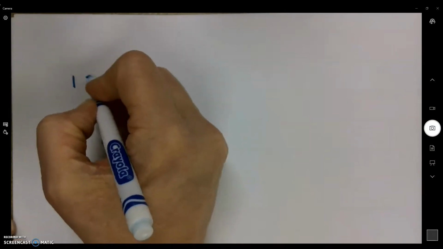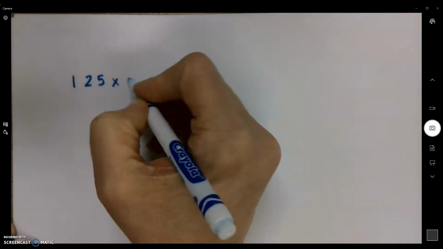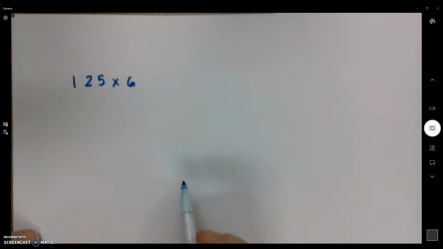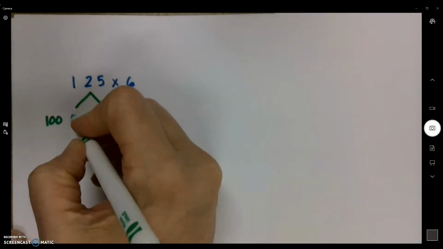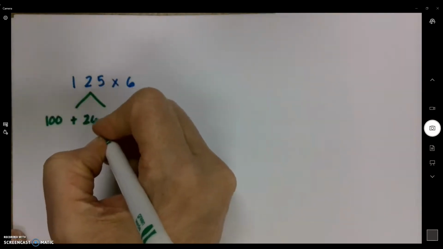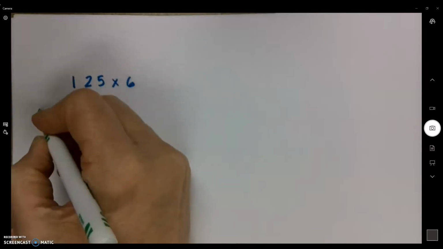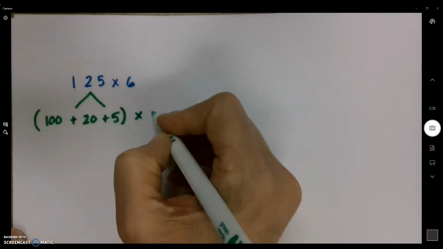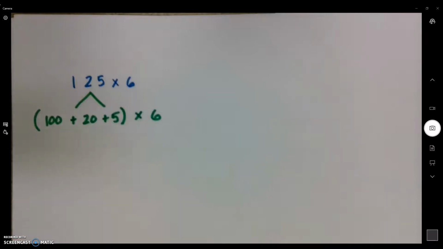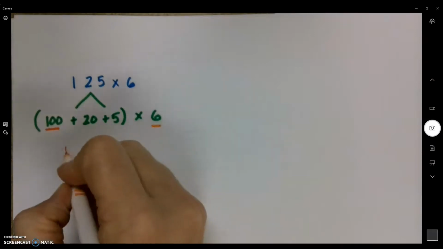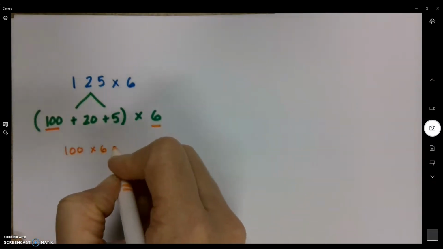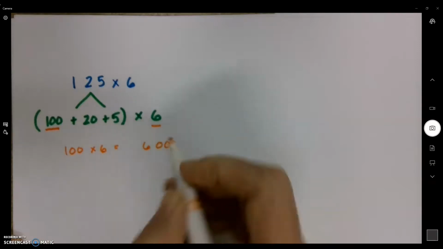So if I look at the 125 times 6, I'm going to write this one horizontally as well. And the beginning steps are exactly the same. I'm going to break my 125 up. I'm going to decompose it into 100 plus 20 plus 5. And then that all has to be multiplied by 6. And the only difference here is I'm going to take these one at a time. So I'm going to say 100 times 6 is 600.